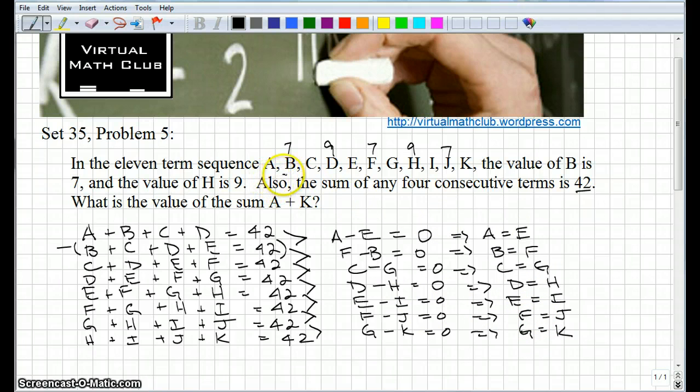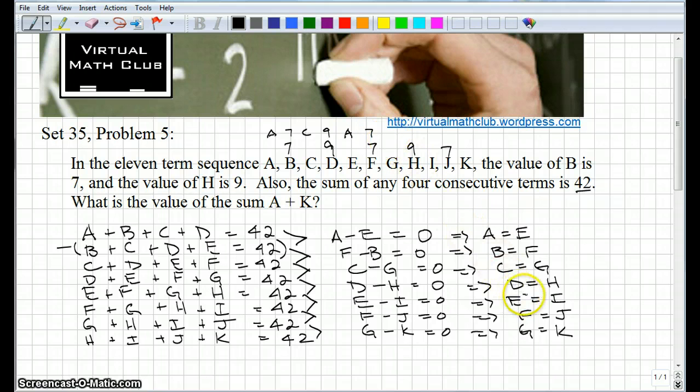We don't know what A and C are, so that means we don't know what E, G, I, and K are. But we do know that A is equal to A, B is 7, C is equal to C, D is 9. We don't know E, but we do know that E is equal to A, so we can just write A. F is 7.